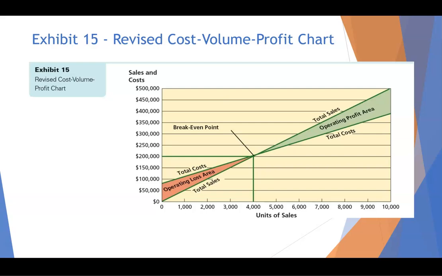Here, the total estimated cost for 10,000 units is $380,000: 10,000 units at $30 plus our $80,000. The cost line is drawn upward to the right from $80,000 on the vertical axis through the $380,000 point.